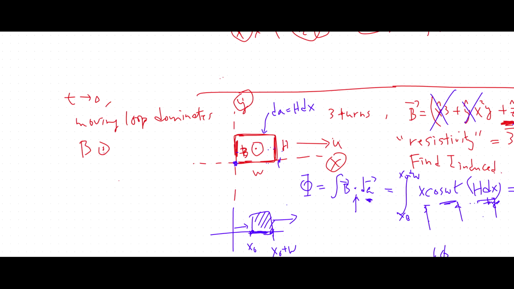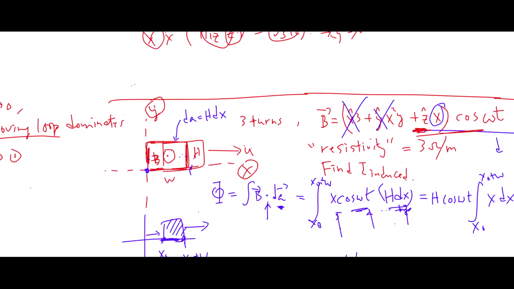So we start from here, assuming the B field does not change. Now I move the loop to here. Will I get more flux or less flux? More.